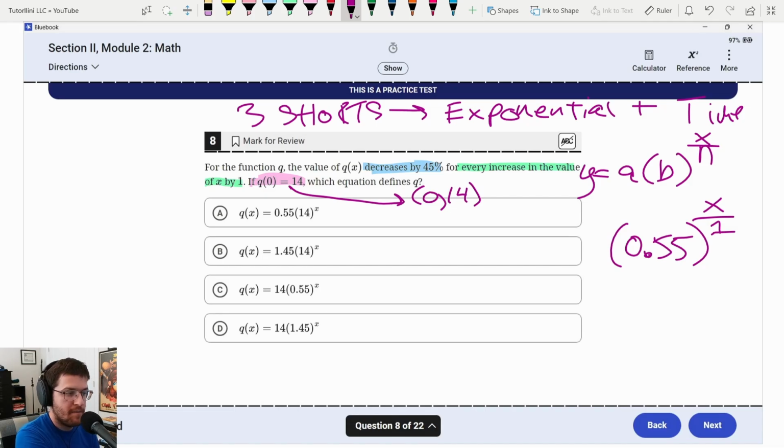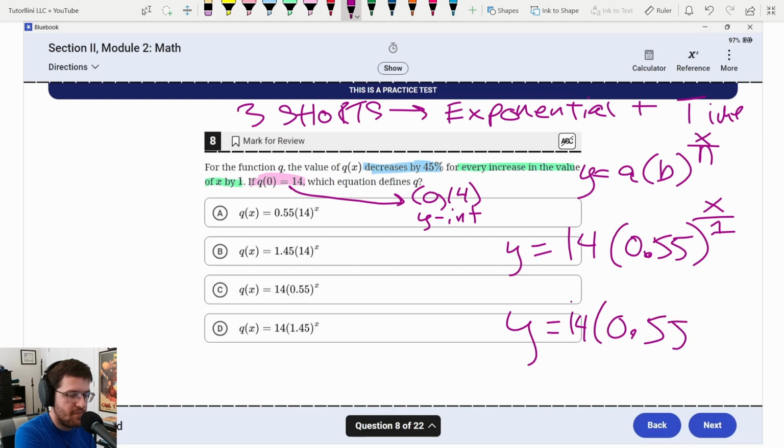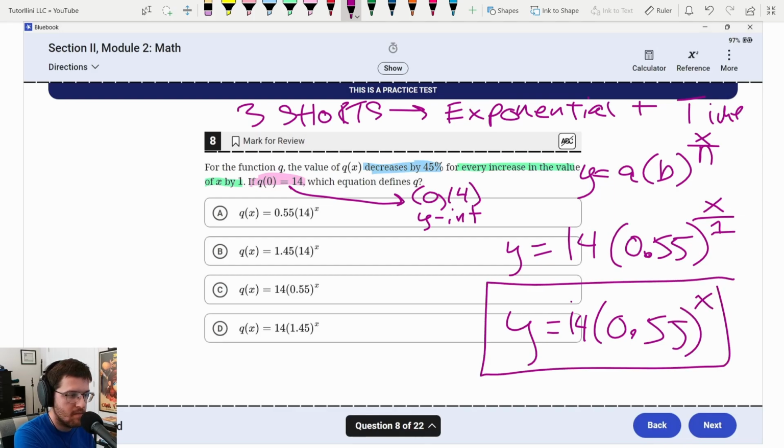So that's a y-intercept. Oh, very helpful. So the y-intercept, which I referred to as a, is 14. So we will put 14 out in front here, and we get y equals 14 times 0.55 to the x, and then x divided by 1 is just x. And that gives us answer choice C.